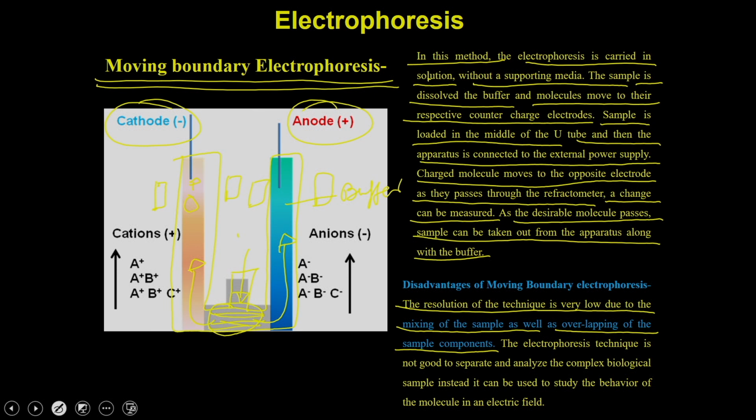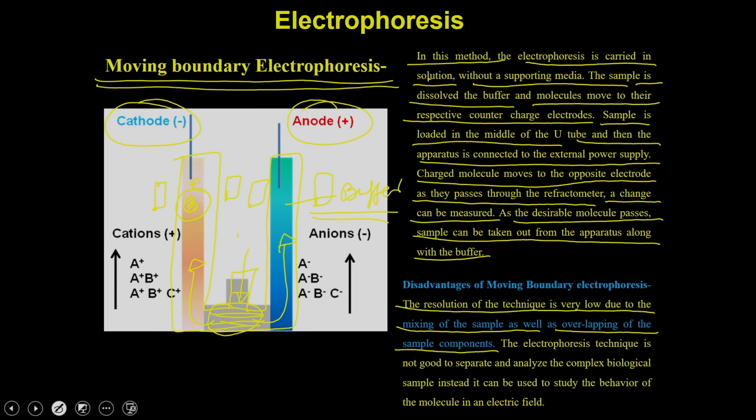So, as soon as you turn on the electric field, the ions move towards the counter electrodes, but as soon as you turn off the power, they all start mixing together. And because it is happening in free media, there will be mixing of the samples, there will be no separation, and there will be no way that you know which molecule is passing through the refractometer.